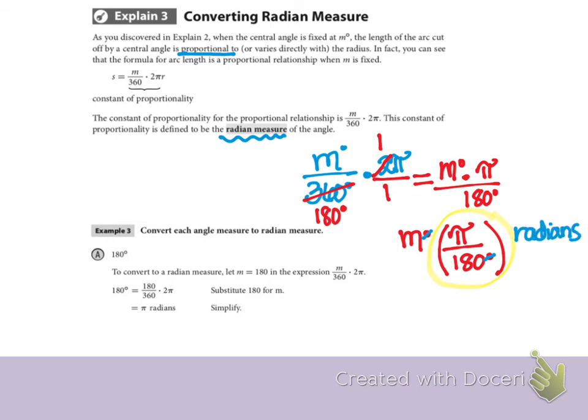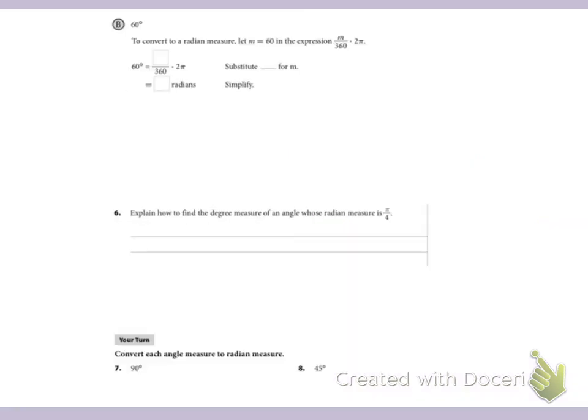So that's a unit conversion, just like we might use 1 foot over 12 inches to convert something to feet, or 12 inches over 1 foot to convert something that's in feet to inches, or whatever. This would be our unit conversion factor. So anytime we want to do a conversion, all we have to do is multiply our degrees by pi divided by 180 degrees.